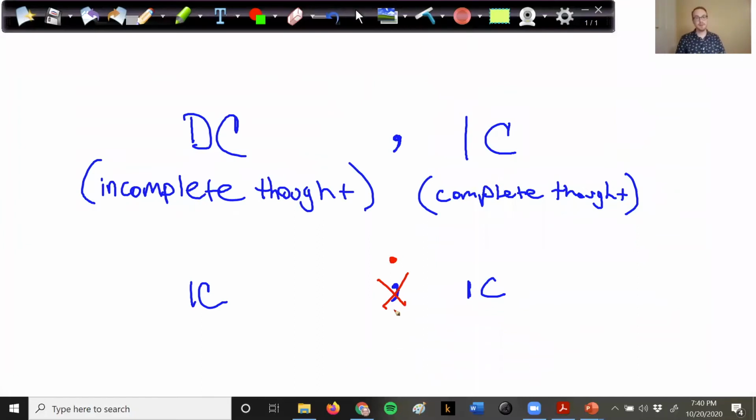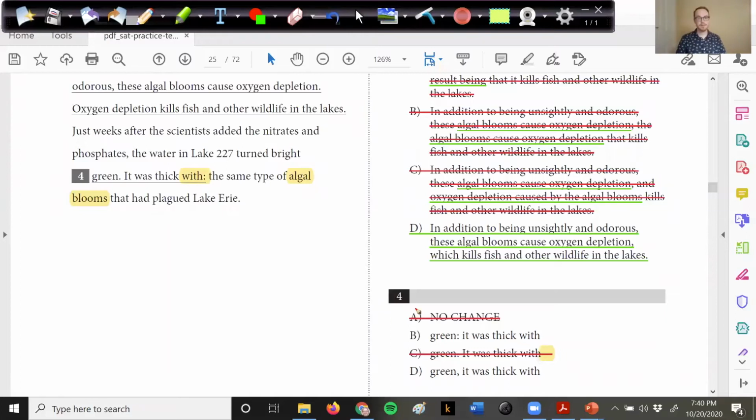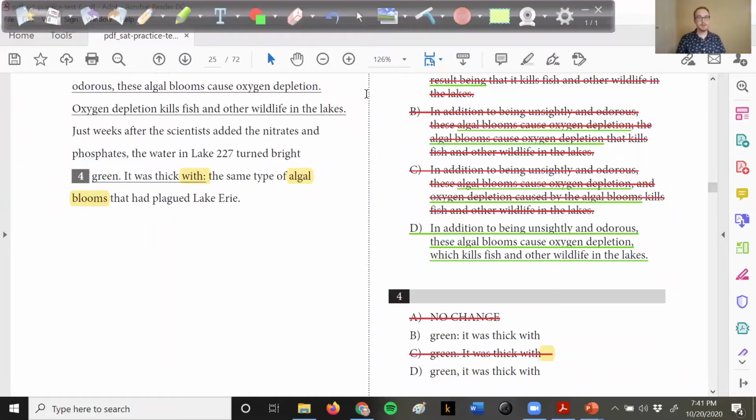And we just learned that we're not allowed to do that. If you have an independent clause over here, a comma alone cannot support the weight of an independent clause or complete thought on the other side. So for that reason, D is out for me. B is the one that I will have to go with.